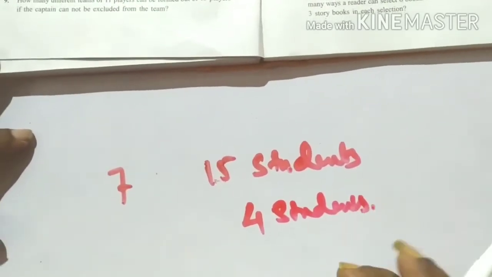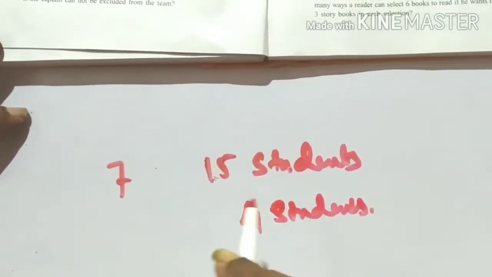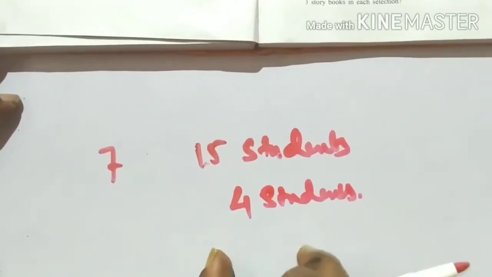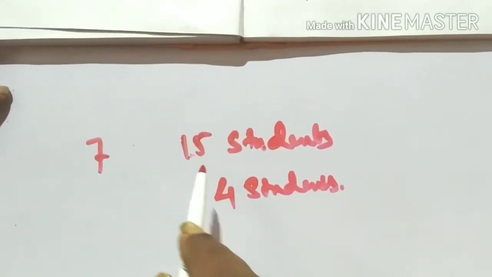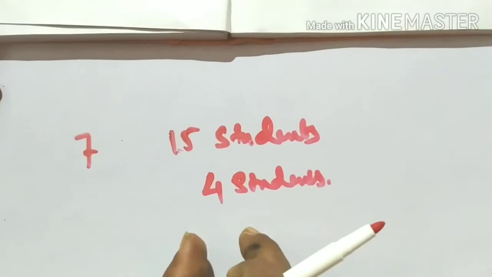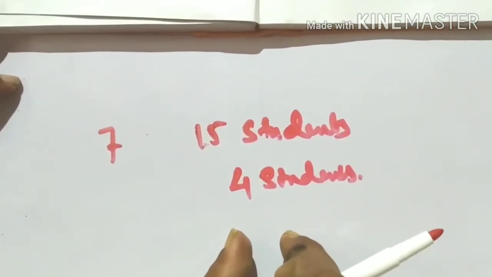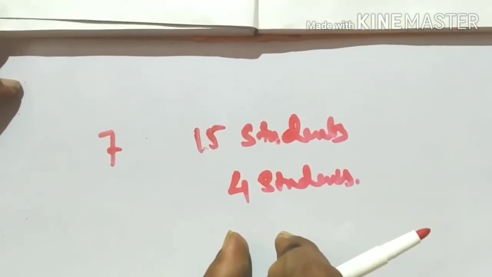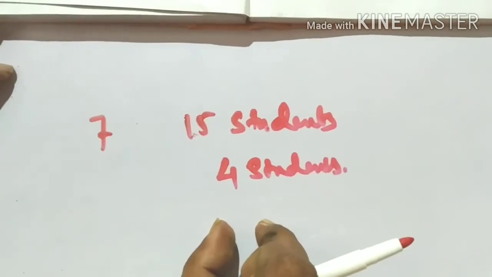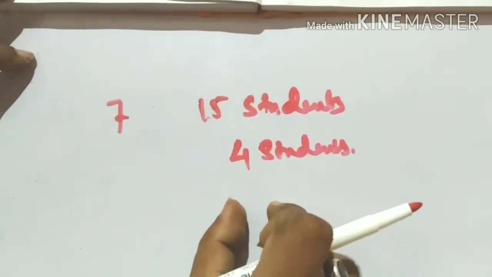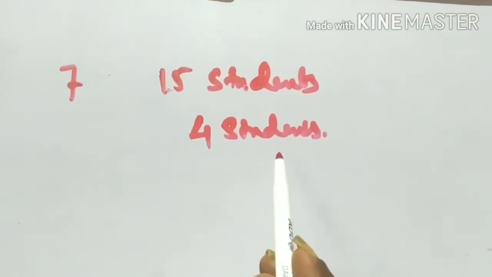So, in how many ways can I select these 4 students from the 15 students, or we can say how many different arrangements of a group of 4 students can I make?